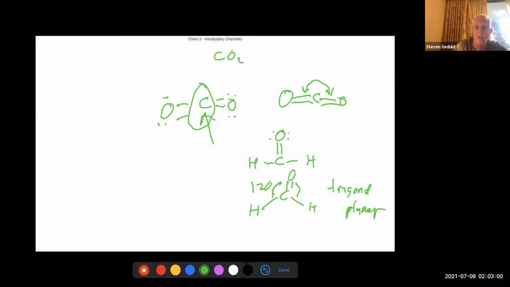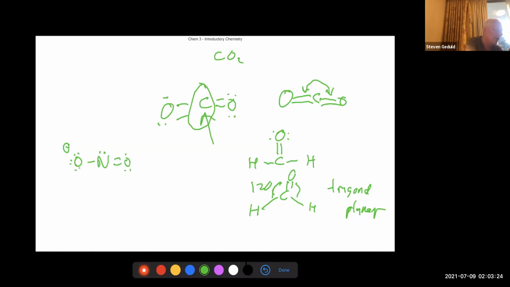Okay, let's do NO2. NO2 is nitrogen, bonded oxygen, bonded oxygen. And there's a negative charge, -1. Formal charge on this oxygen is -1 to the left. So, okay, we got 2 bonds, we got electron pairs here, and electron pairs here.